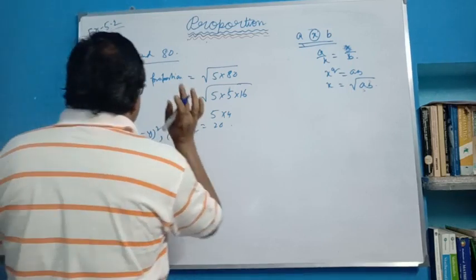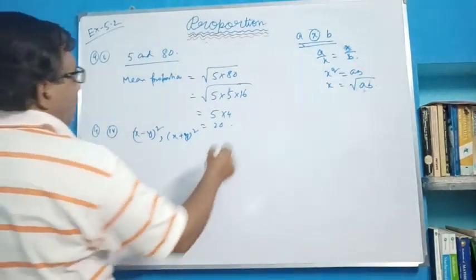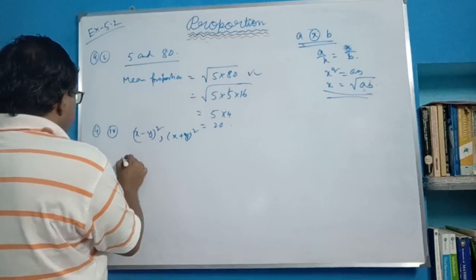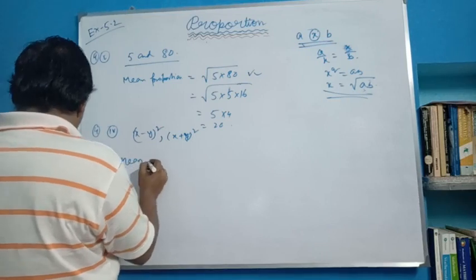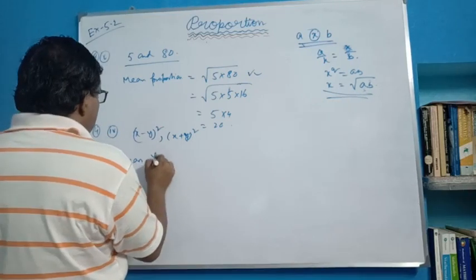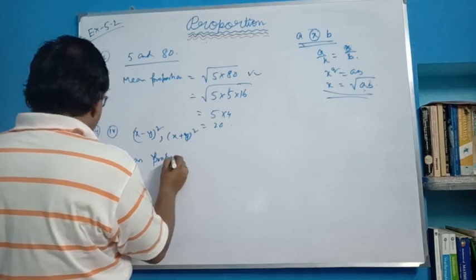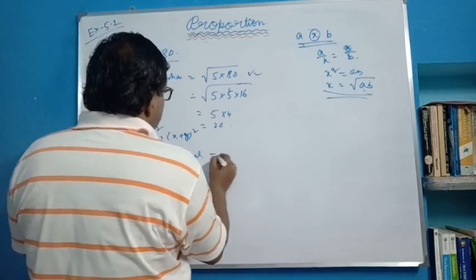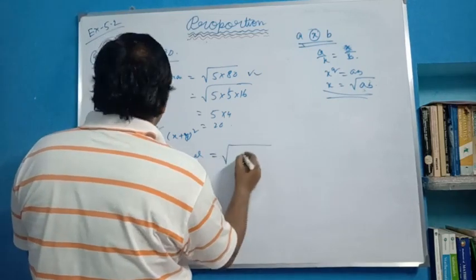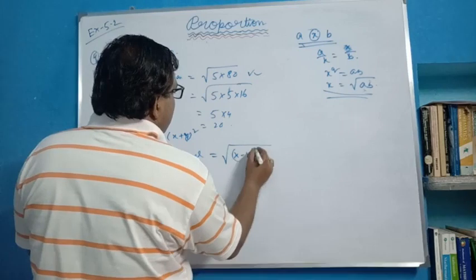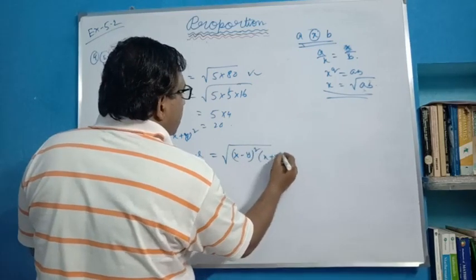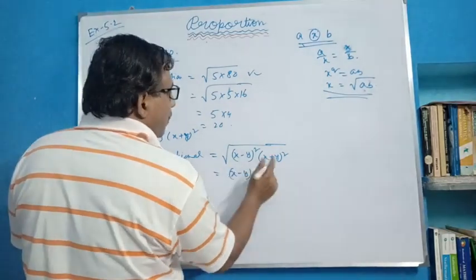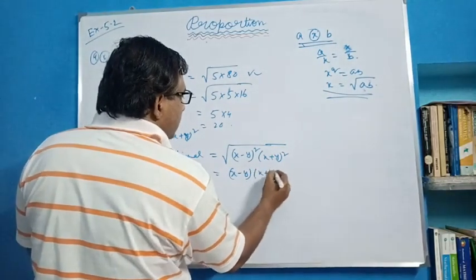Using this, the mean proportion of these two is the square root of x minus y whole square into x plus y whole square. The square root of x minus y whole square is x minus y, and of x plus y whole square is x plus y.